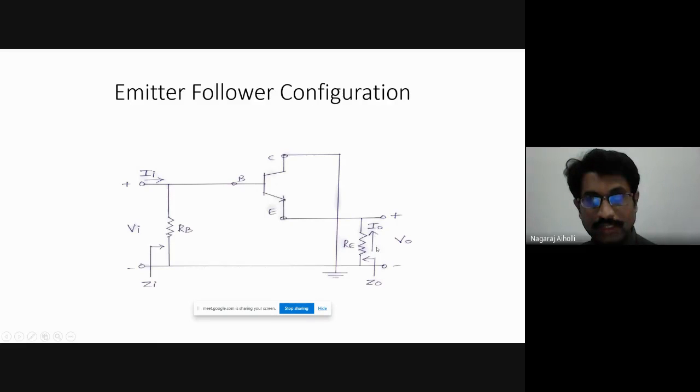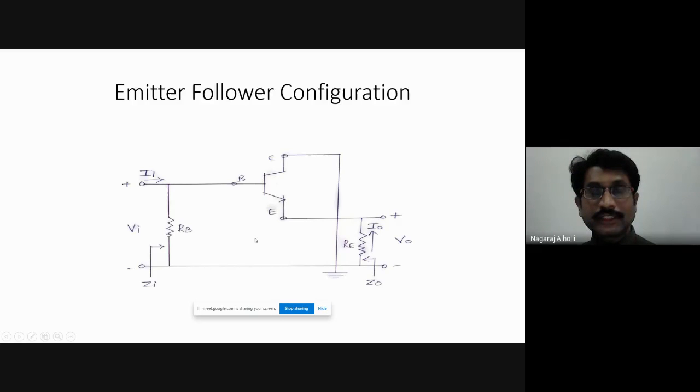The output impedance is Z0, and the emitter resistance is RE. The collector terminal is common between the input circuit and the output circuit. Hence, this emitter follower configuration is also called the common collector configuration.